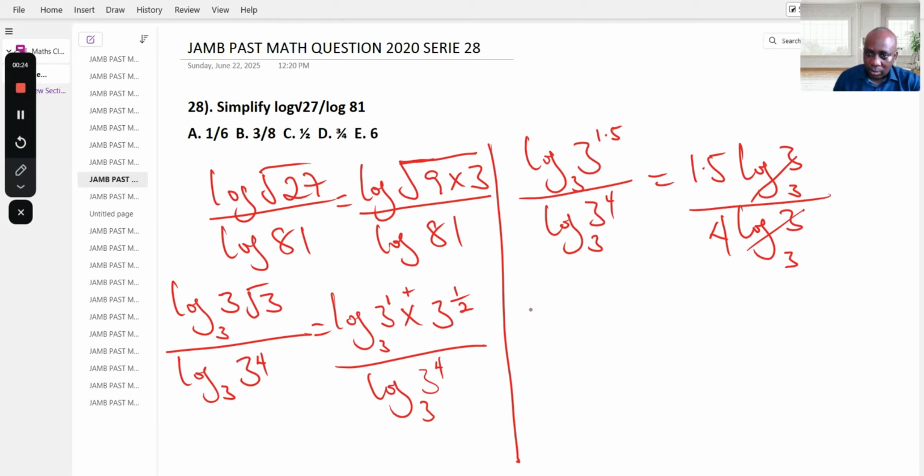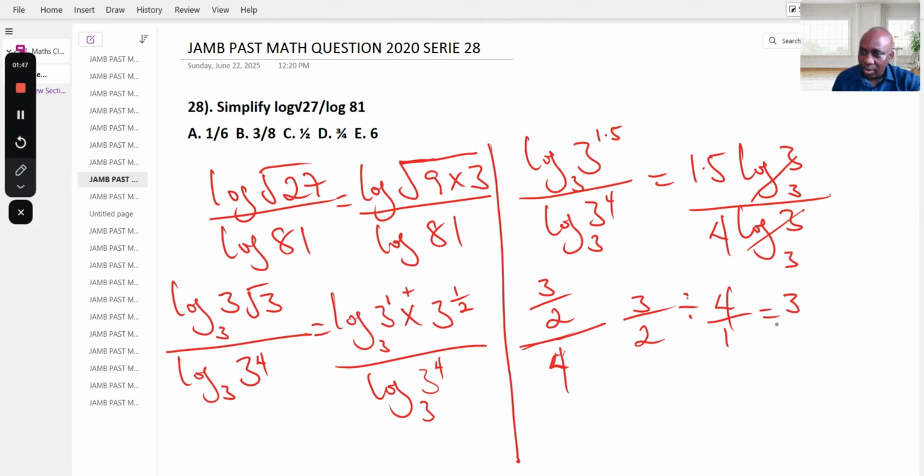Now, therefore, 1 point half is the same thing as 3 over 2, isn't it? Divided by 4. This division means division like this. If I want to change this division to multiplication, there's an invisible 1 at the bottom. Therefore, when we want to change the sign of this division to multiplication, we have to flip it.